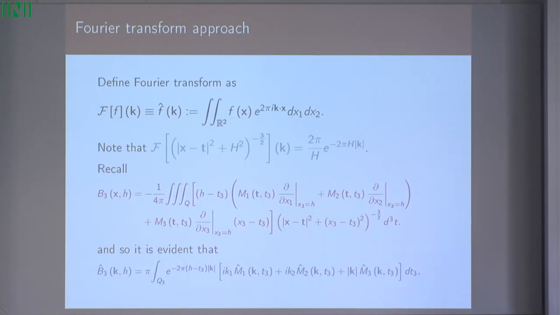It's just this exponential, and because it's a convolution and the magnetization is compactly supported, then everything is essentially multiplication.